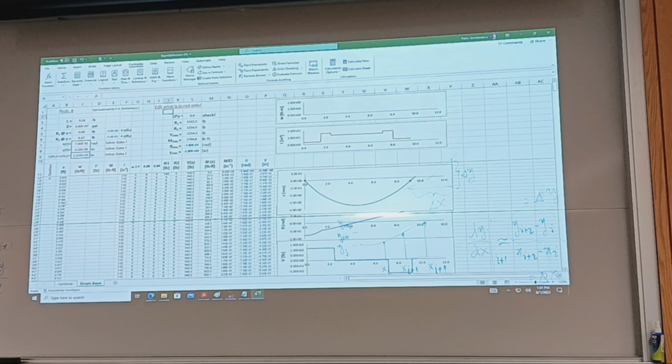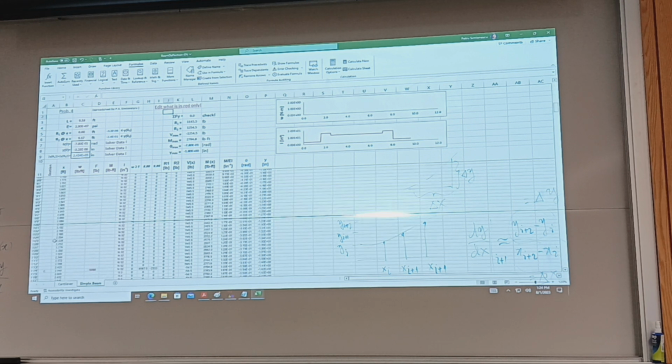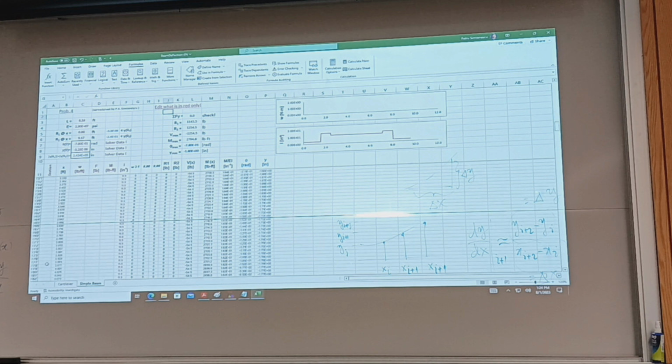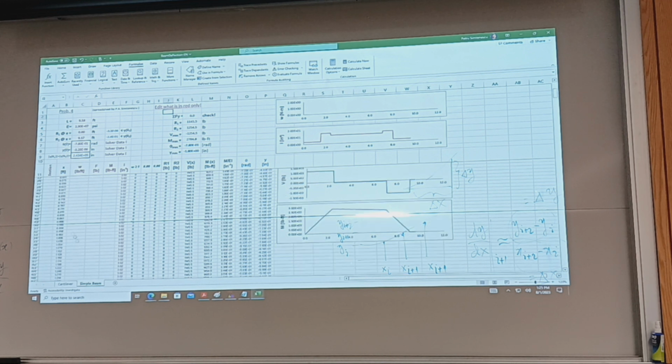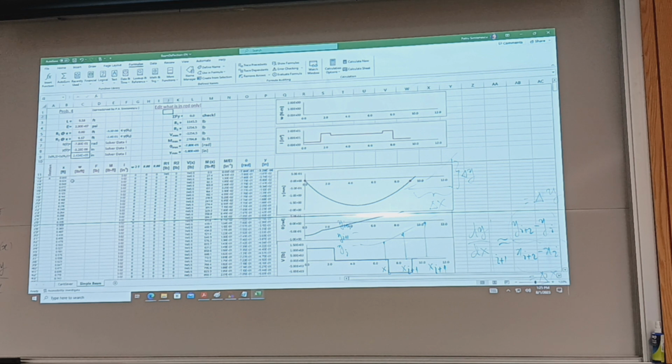X along the beam. I can label sections B, C, D. Of course, you could add rows in between. And I can add distributed loads. So if it's constant, I'm just going to add it. If I want to add distributed loads, it will be negative. We're working in pounds and feet.